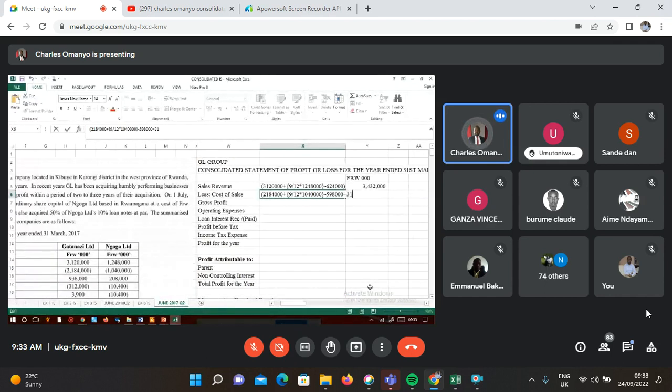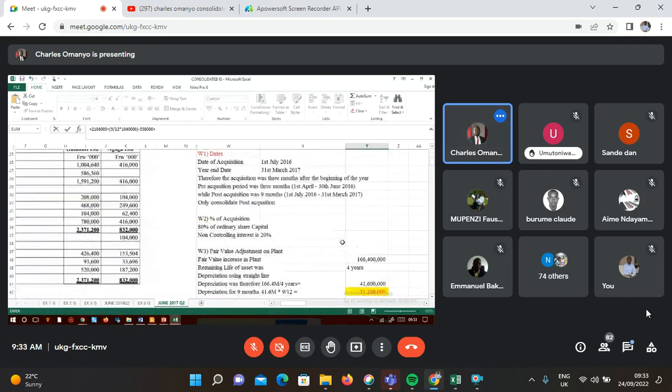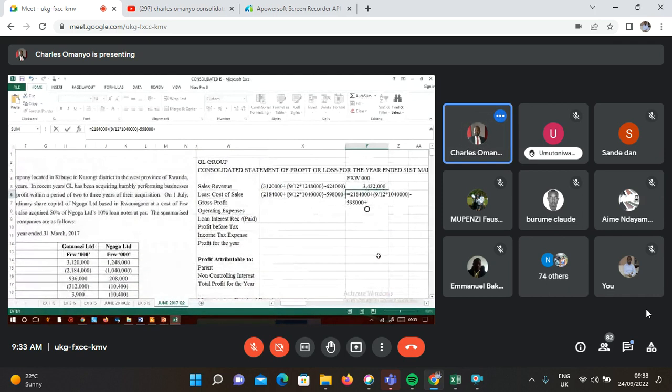So 2,184,000 plus, into bracket, 9 over 12 times 1,040,000, close the bracket, minus 598,000 plus 31,200. It gives you 2 million.